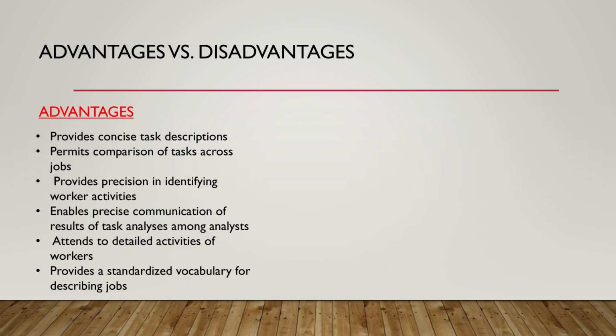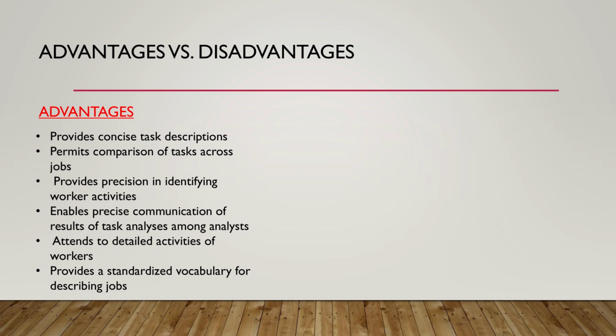By providing a structured framework and standardized terminology, it ensures consistency and clarity in conveying findings and recommendations related to job tasks and roles. Moreover, the FJA process focuses on detailed work activities, allowing the organizations to gain a comprehensive understanding of the tasks performed within each job role.